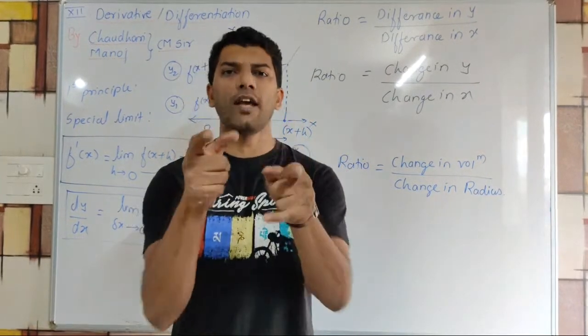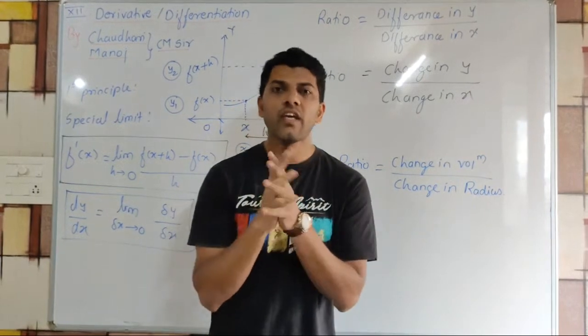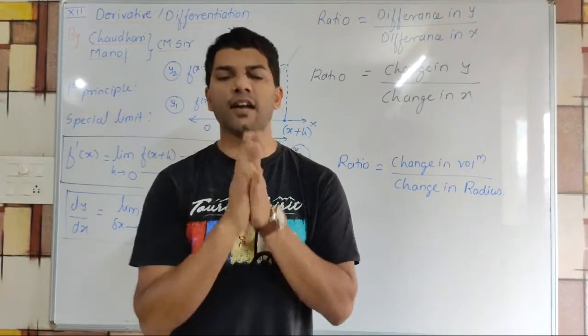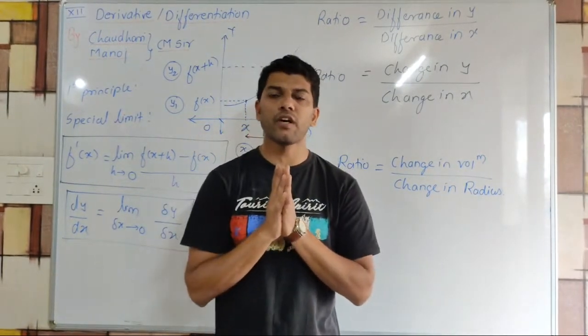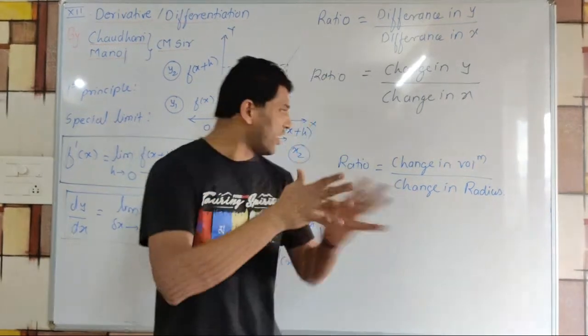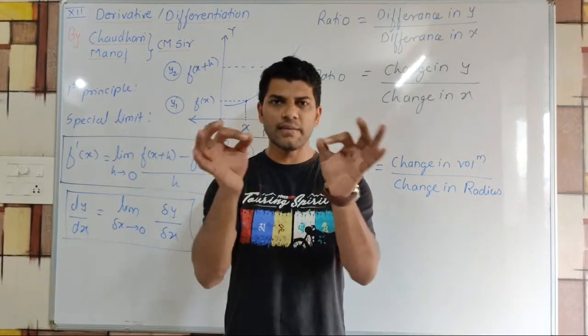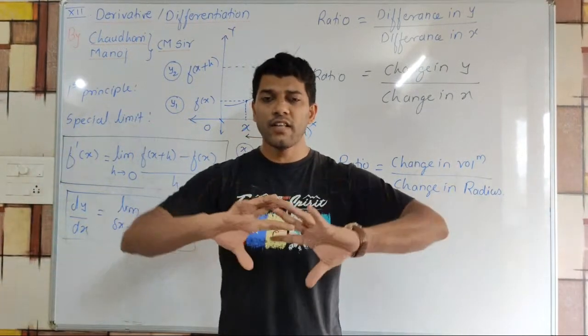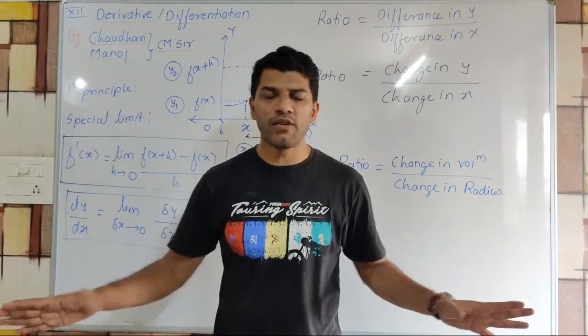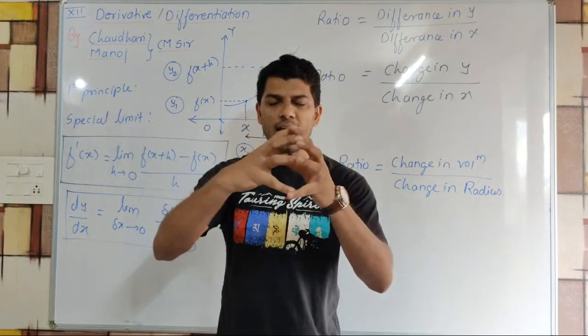Definitely it will help you in your graduation. This concept of derivative is very, very important, and you can find this thing around us. So I'm explaining the concept of derivative with one simple ordinary example that we already know from childhood: inflating a balloon with air. So what is happening here?